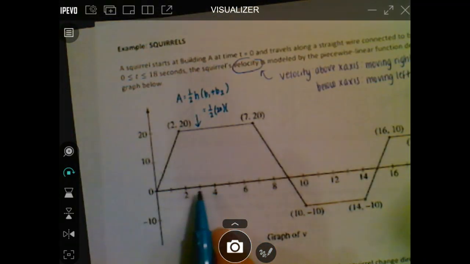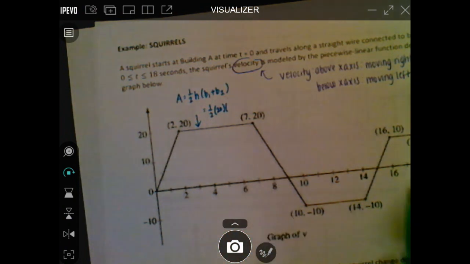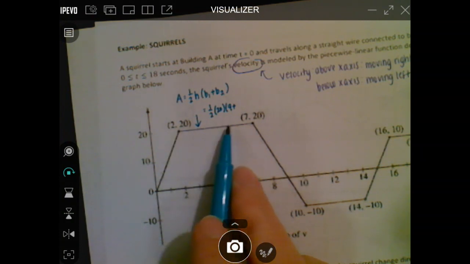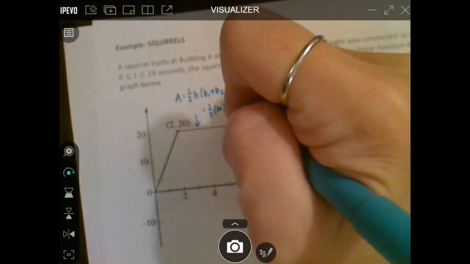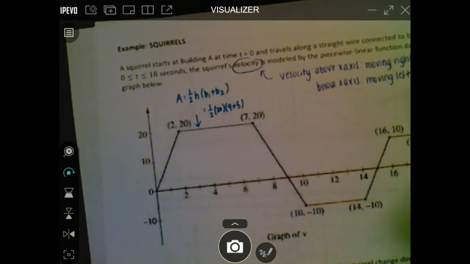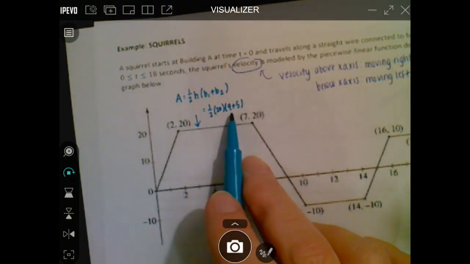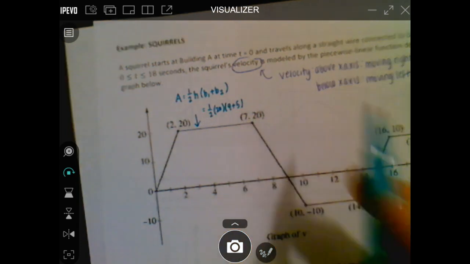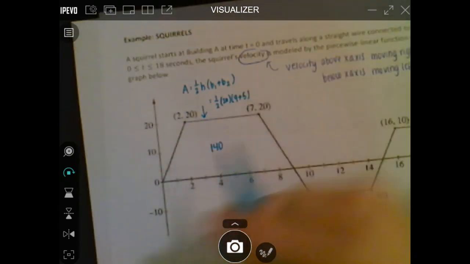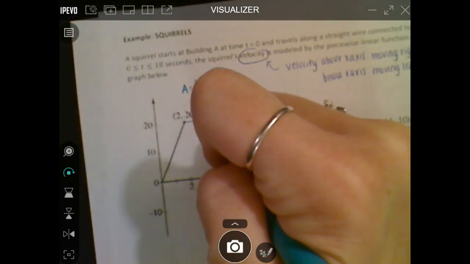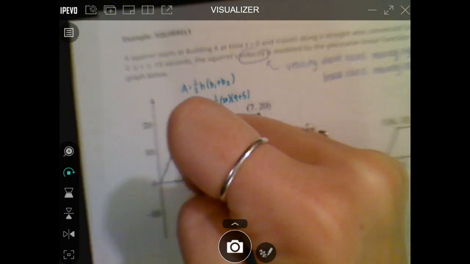My first base length is the length of this bottom side, which looks like 9. My top base length is the length of this parallel side, from 2 to 7, so it looks like 5. That's going to be half of 20 times 14. So 10 times 14 gives me 140. And since this is above the x-axis, I'm moving 140 units to the right.